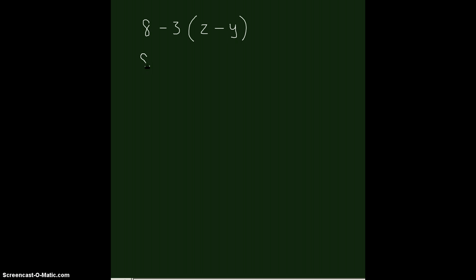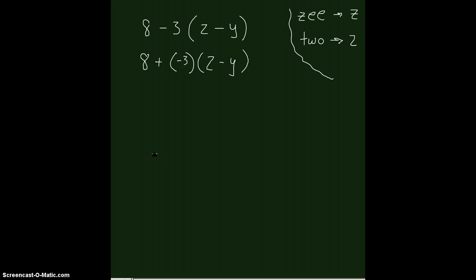So I'm going to rewrite this as 8 plus a minus 3 times this quantity 2 minus y. Now remember, my 2's look like a z without the line. My z would have a line through it, so my z is going to look like z, and my 2 is going to look like a 2.